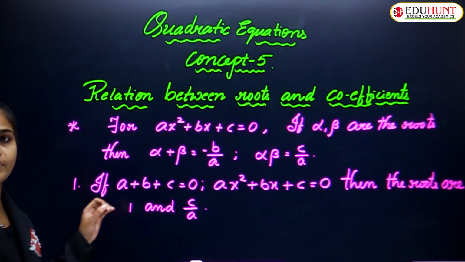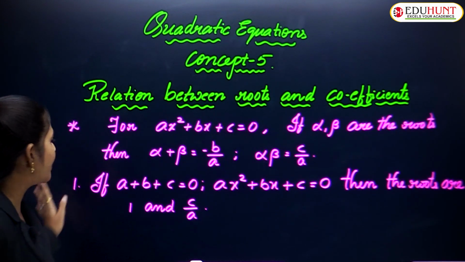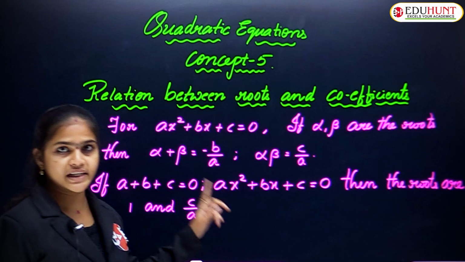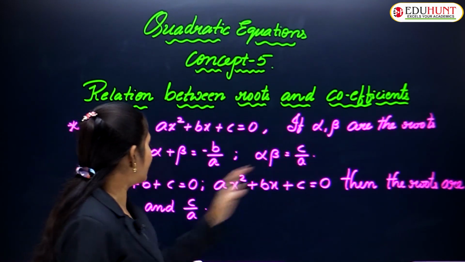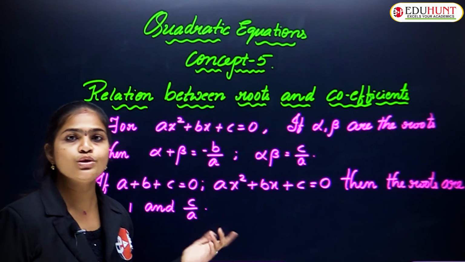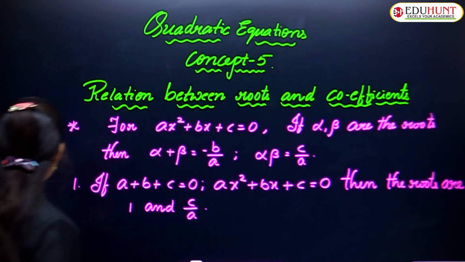So this is the first condition. What is that? If a plus b plus c is equal to 0 for the quadratic equation ax square plus bx plus c is equal to 0, then the roots are 1 and c by a. So what is the proof? Let us see the proof.